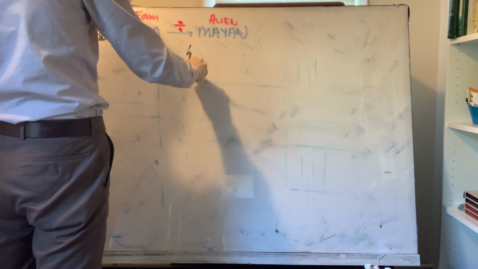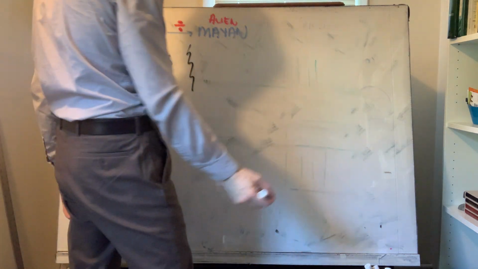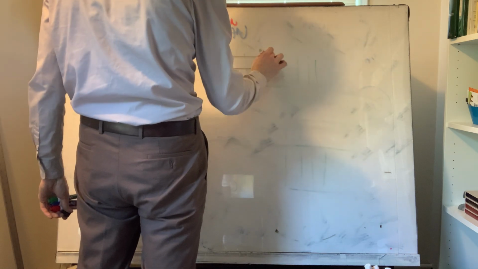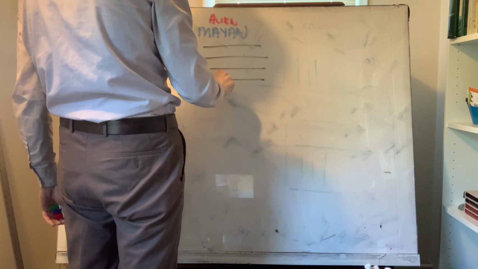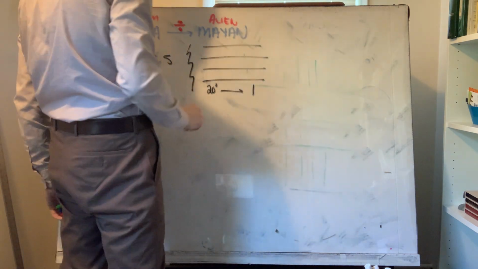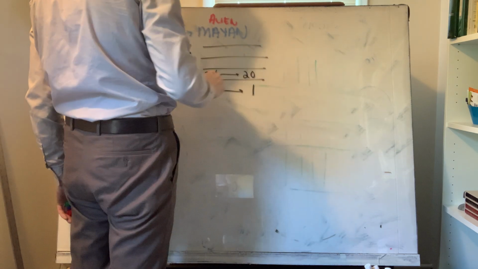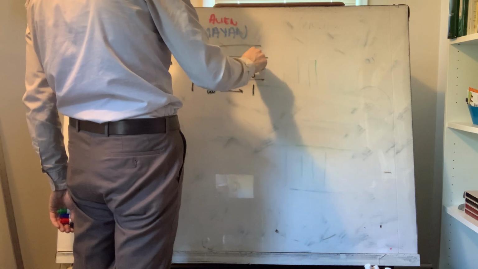let's establish what the position values are in Mayan. We know that it's in stacks normally, and the bottom level is 20 to the 0, which means that it's 1. That's the position value. And then 20 to the first, which is 20. And then 20 times 18, which is 360 intentionally.